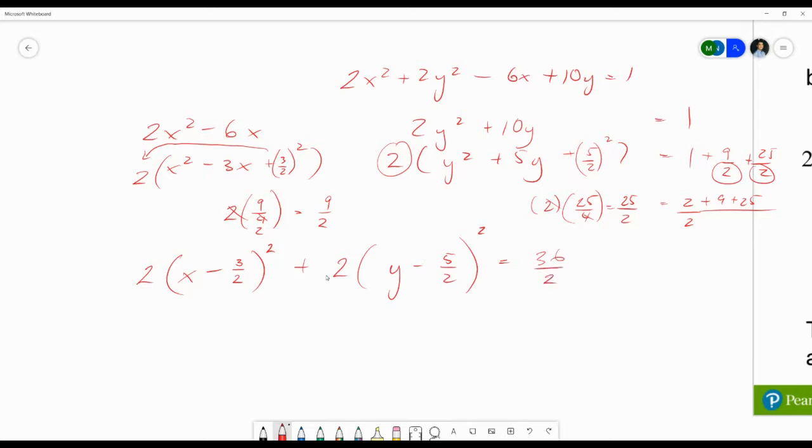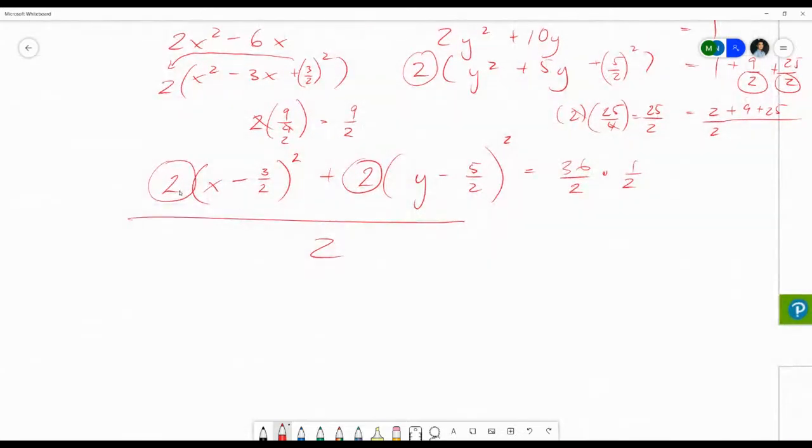Okay, all right, so now I need to get rid of this 2 here. To do that, I'm going to divide both sides by 2, or multiply by 1/2. Same thing. So now these 2 will cancel.